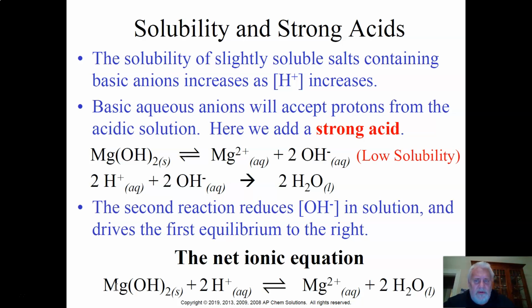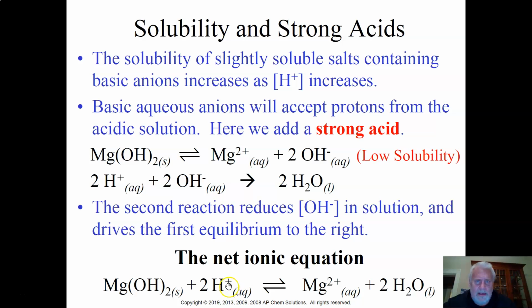The degree of solubility is quite important. So if you add a strong acid to an equation like this, it's one of the ways of getting these things to dissolve, because you would be adding on this side, and that's just a little bit of an equilibrium shift to the right.